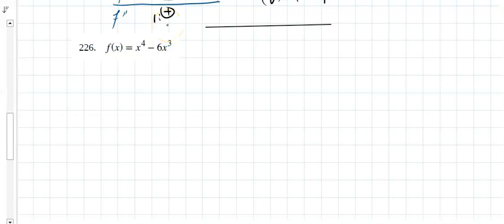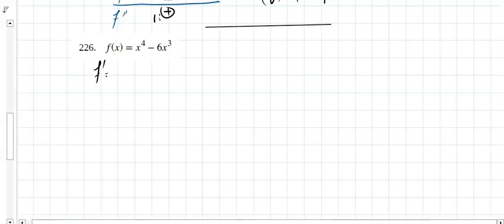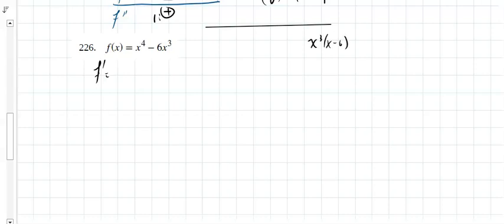Here's another problem. We want to find again, where's the function increasing, decreasing. Again, we know what the graph of that looks like. We know that if you take x cubed times x minus 6, the graph will look something like 0, and at 6, you have a multiplicity 3, so this is x to the 4th. It points in the opposite direction.